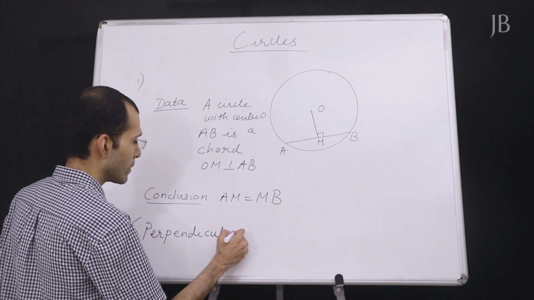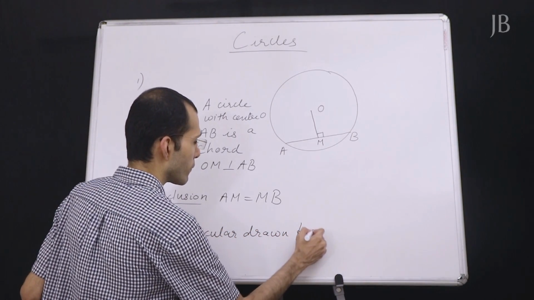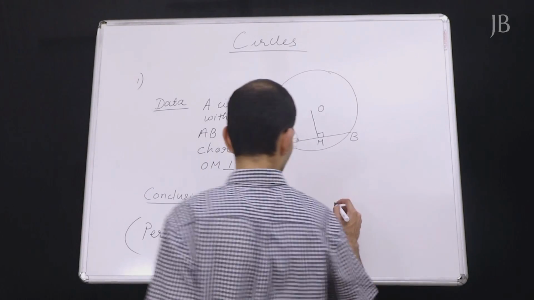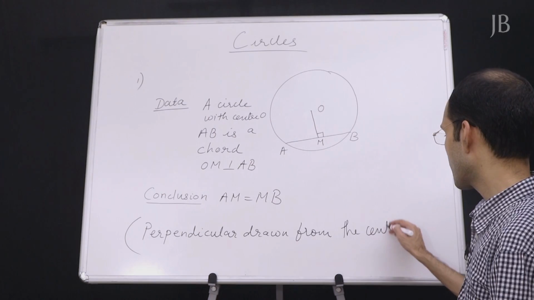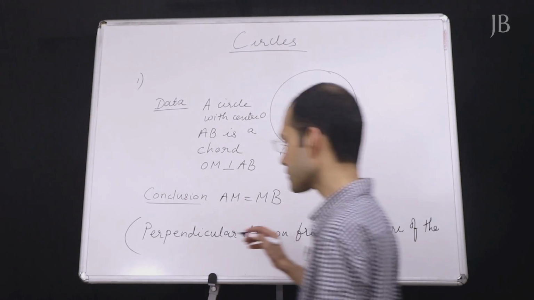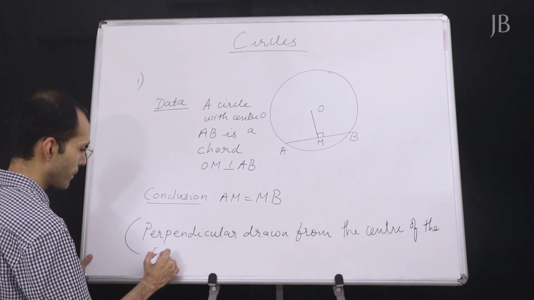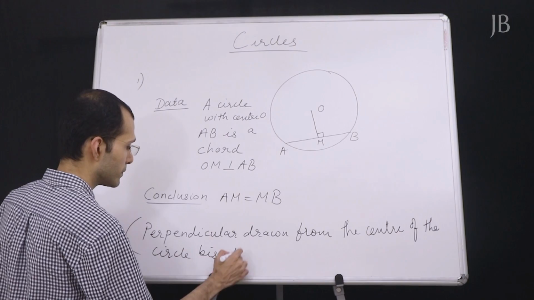Perpendicular drawn from the center of the circle bisects the chord.